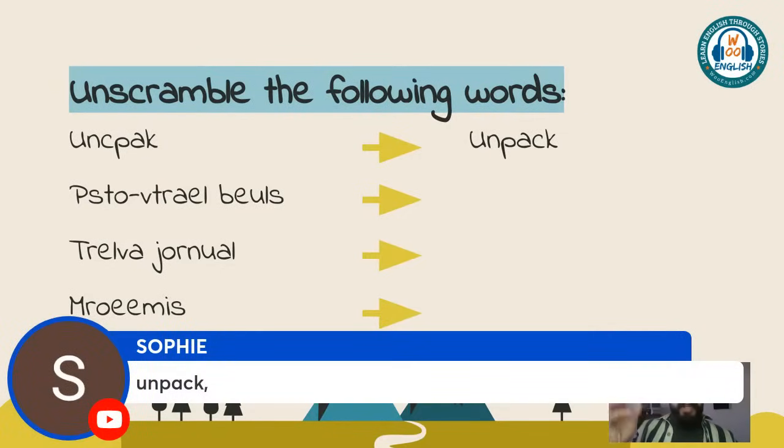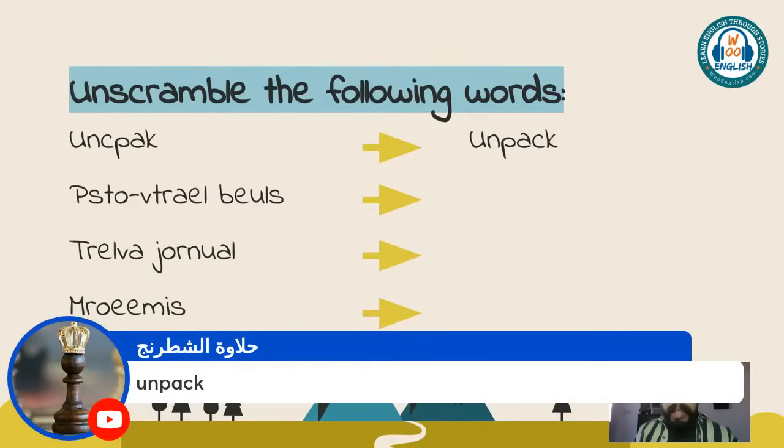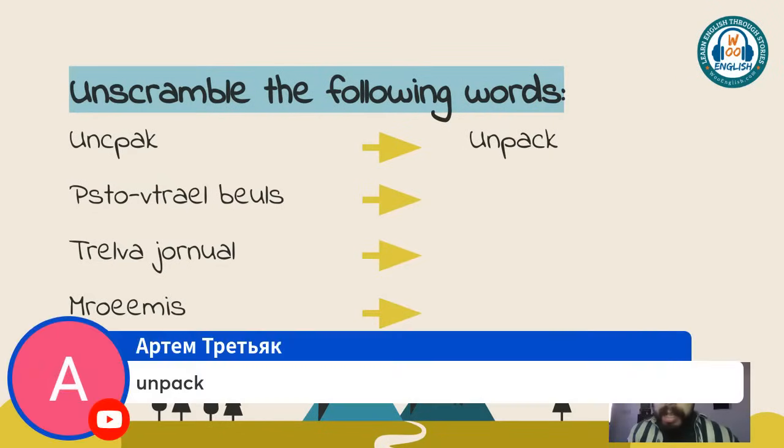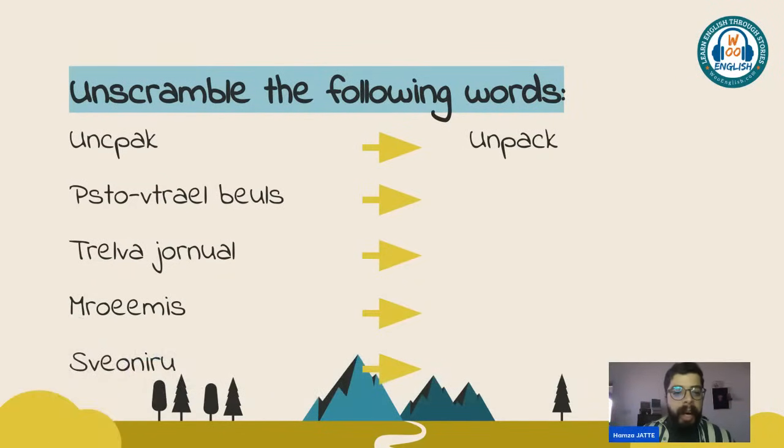So to pack is when you put your clothes inside of the bags or inside of the suitcases. To unpack is the opposite, when you take them out. So when you go back to your home after traveling, you should take all your clothes out of the suitcases. You cannot leave them in the suitcases forever. So unpack. Khadija got it also. Amin got it correctly. Artim also got it correct.